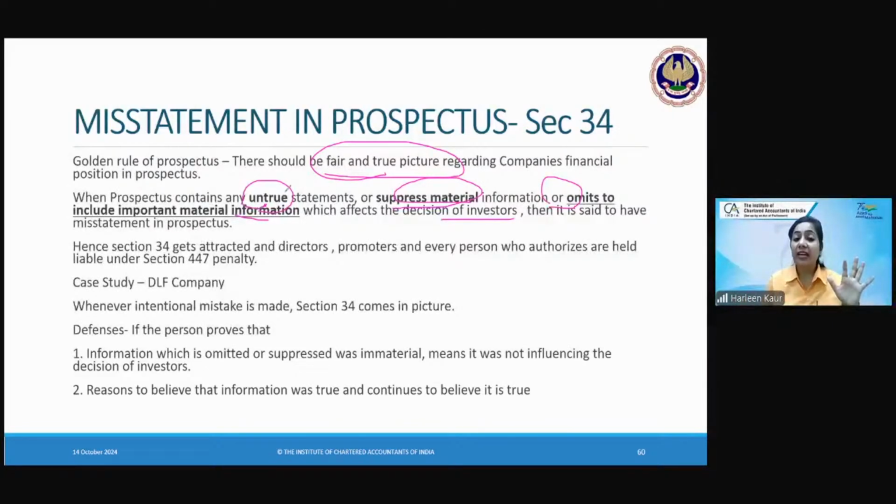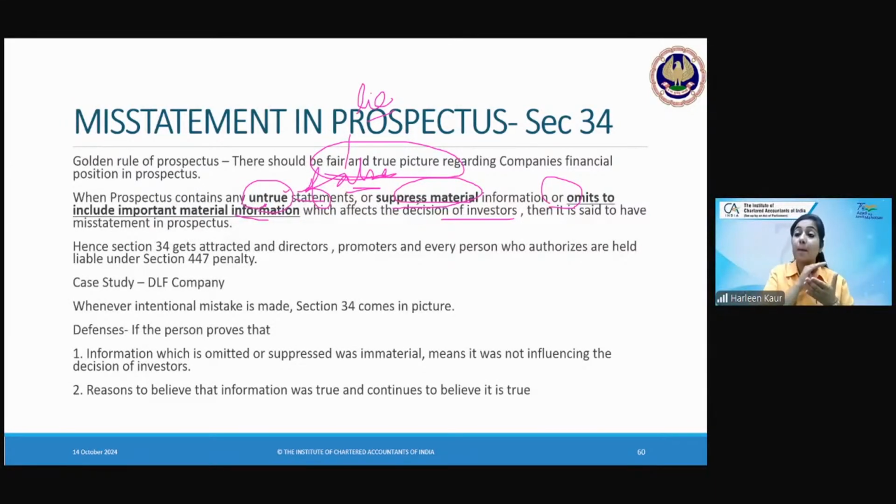Untrue means false. You're lying. If you're giving false statements in the prospectus, or suppressing any material fact, you were supposed to disclose something important.